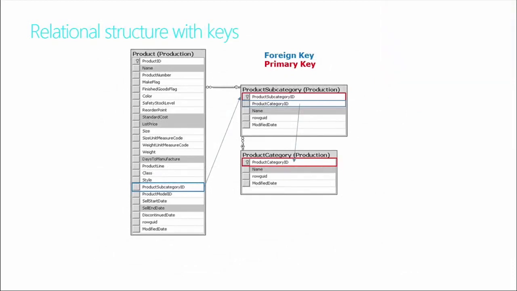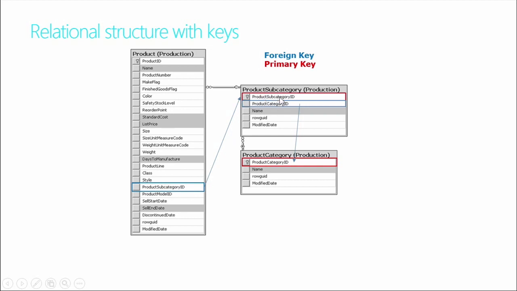So this is the diagram we saw earlier. All we've done here is we introduced earlier that we had the foreign key, which are the blue items, and we had the primary key, which are the red items. So now what happens is when I add a new product into the products table over here, when I type in a value for product subcategory ID, it's going to jump over to the products subcategory table and make sure that this foreign key references a primary key here.